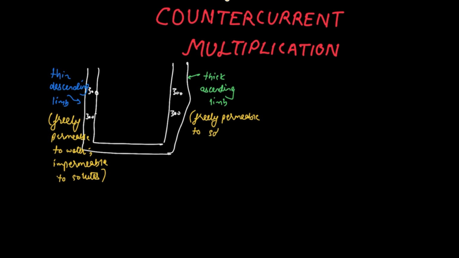It has the sodium potassium 2 chloride NKCC2 symporter on the apical side and a sodium potassium ATPase pump on the basolateral side. Please remember, the model of the countercurrent multiplication is a hypothetical model.